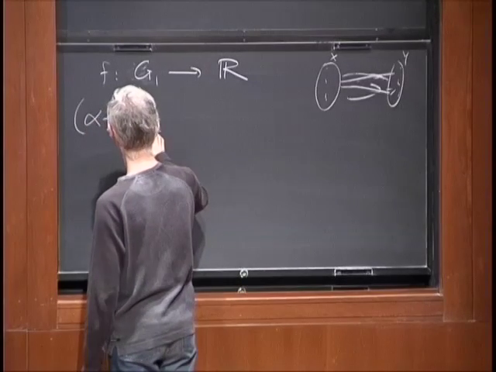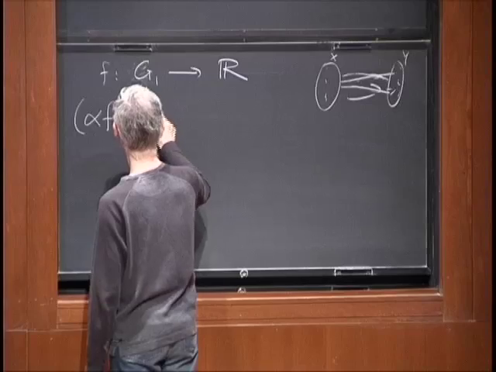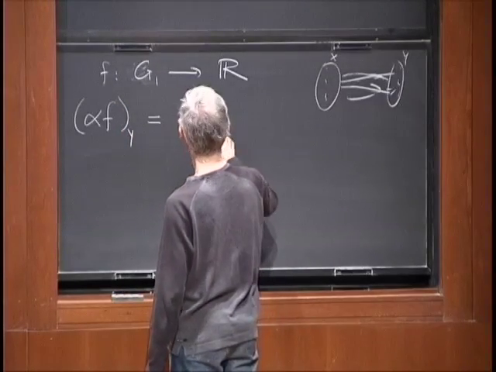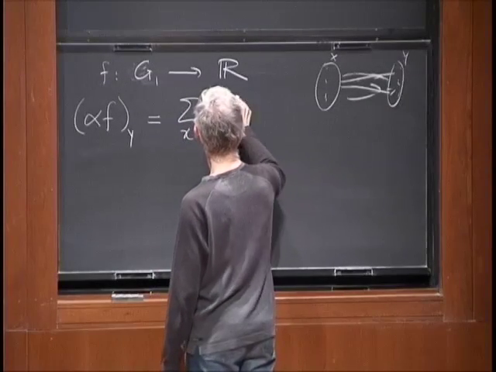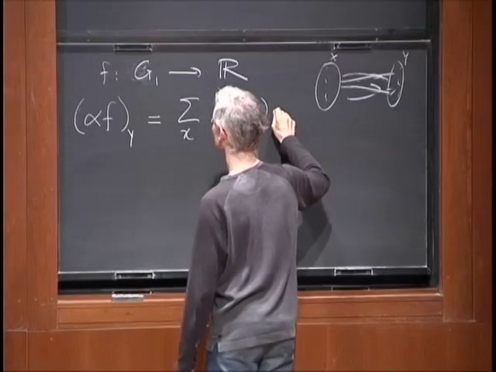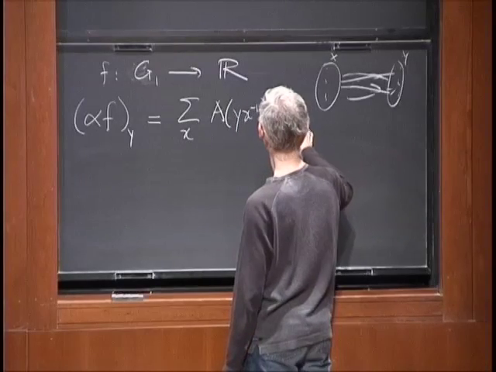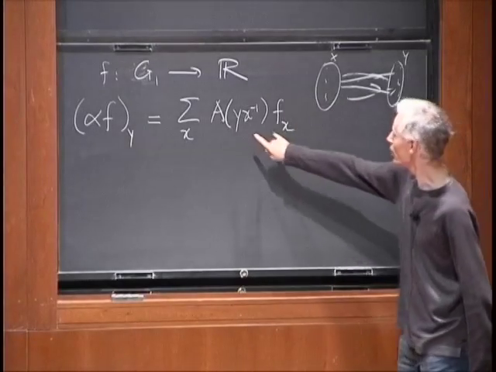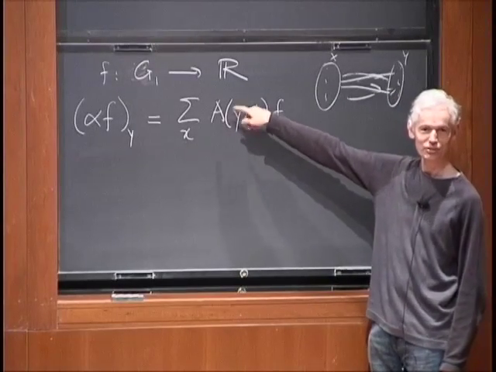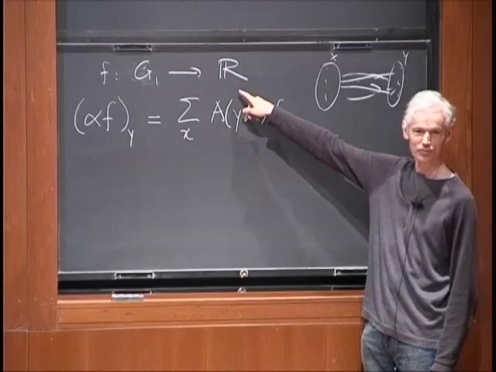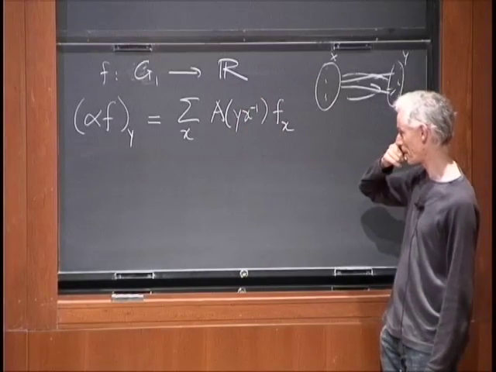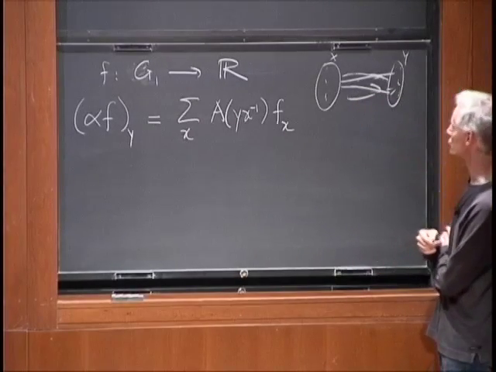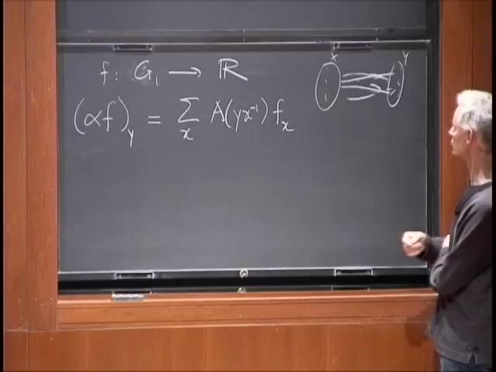So alpha f of y is going to be the sum over x of A of yx to the minus 1 times f of x. Here A is the characteristic function of the set. So I just sum over all x, with a 1 if yx to the minus 1 belongs to A, and a 0 otherwise, times f of x.